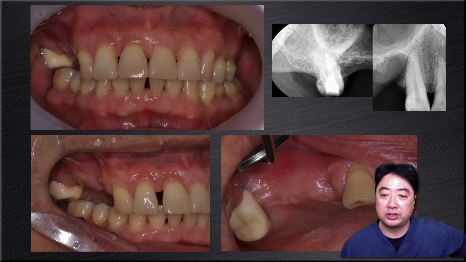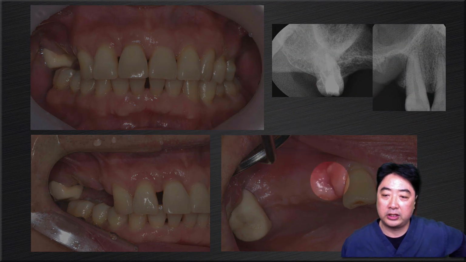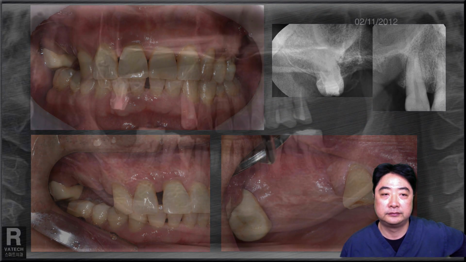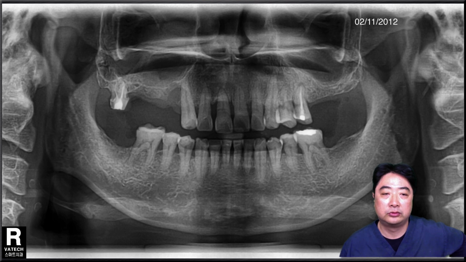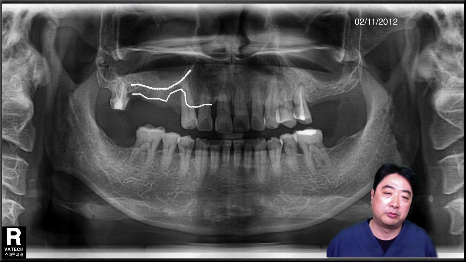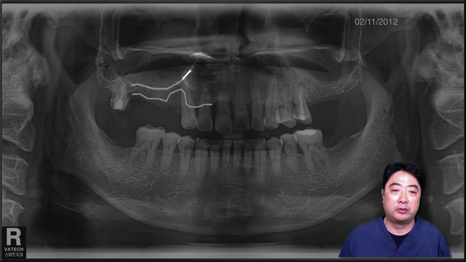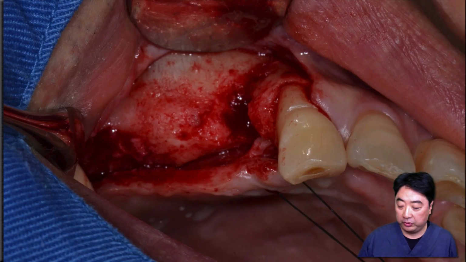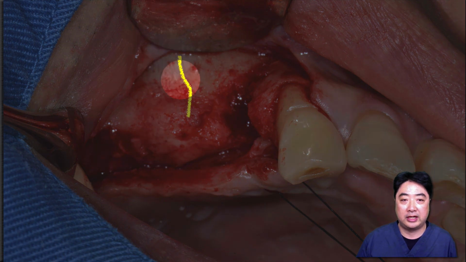From the clinical picture, you can see the defect on the number 14 area as well. So when we draw the line on the inferior cortical bone of the maxillary sinus and the crestal bone, you can draw the margin of the bone like this. When I opened the flap, you can see the curvature from the vertical line.